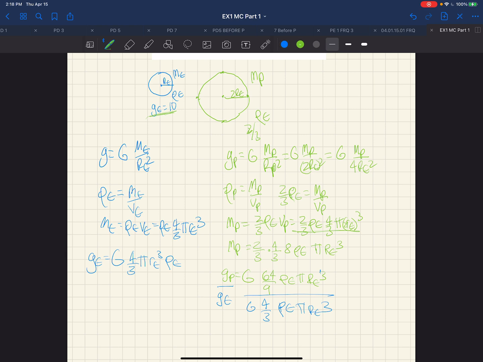I left out some things here in my haste. It was GMP, and the M is so long we forgot the 4RE squared. And over here we have the RE squared as well.